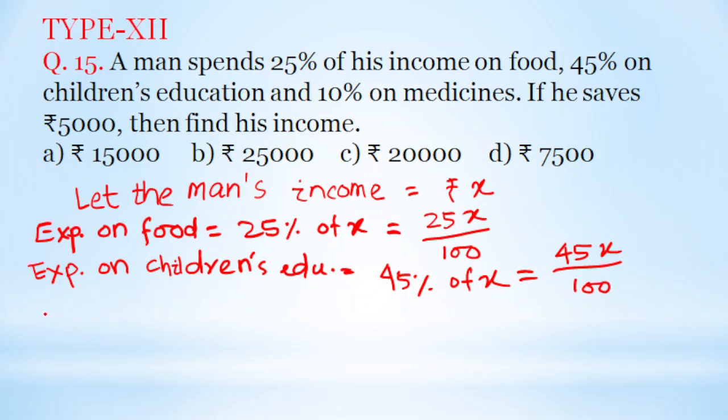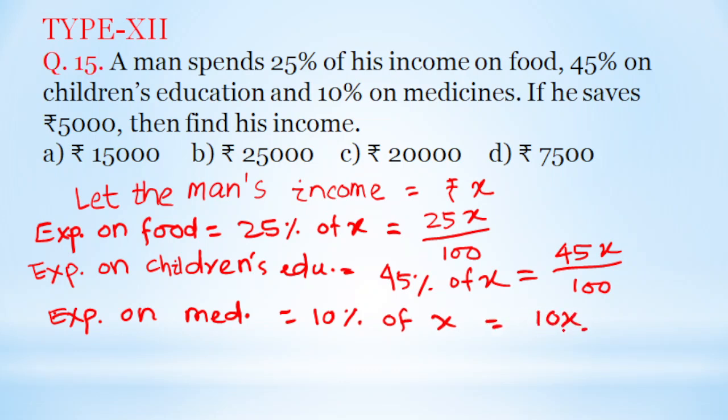Now expenditure on medicine is equal to 10% of X. So that is equal to 10X by 100.